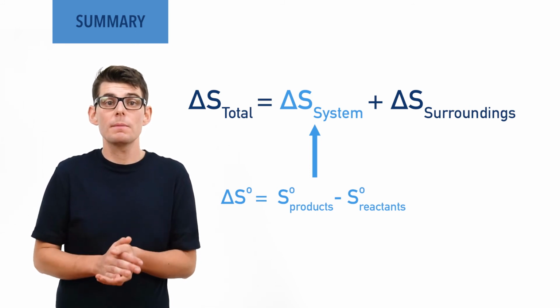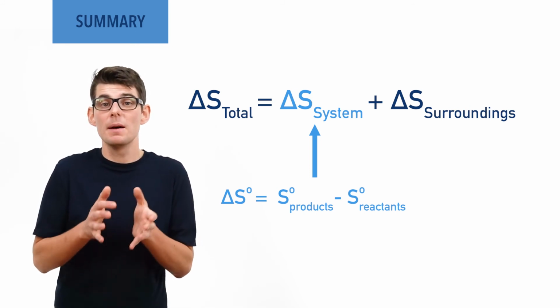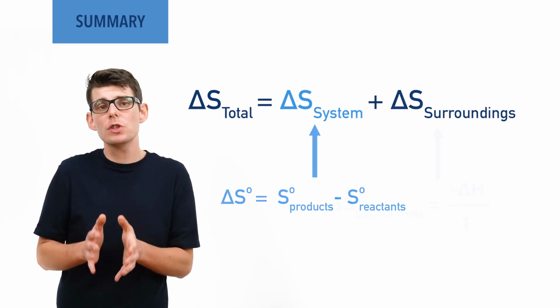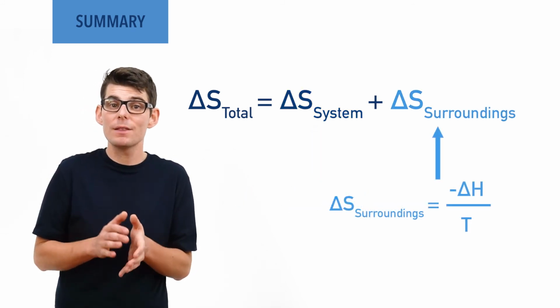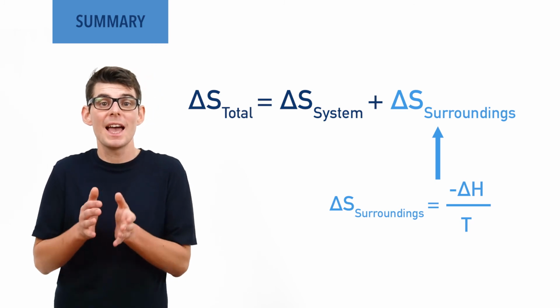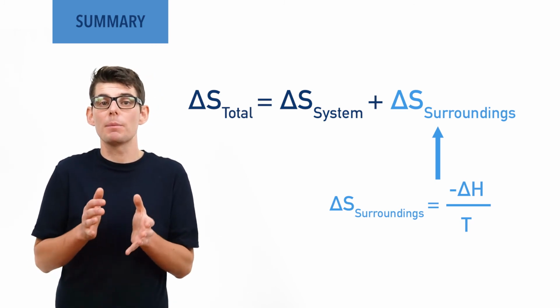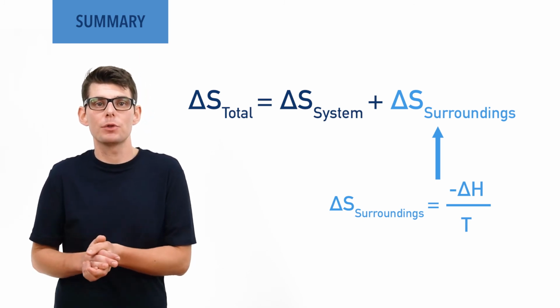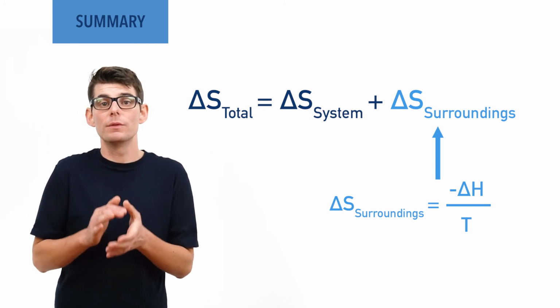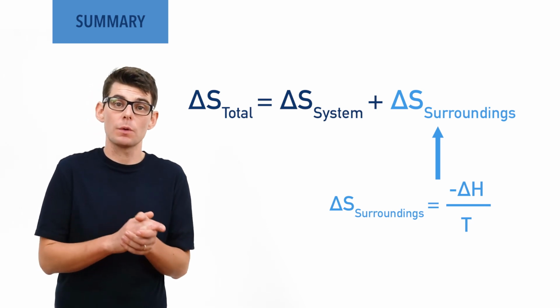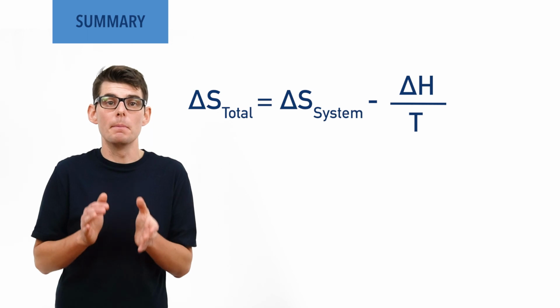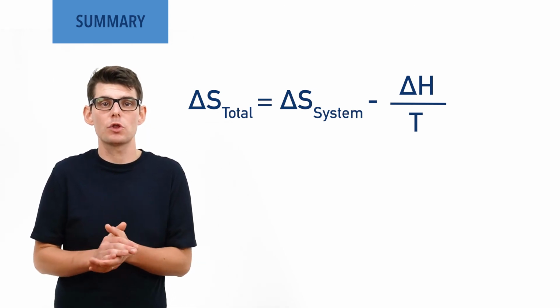Entropy change of system equals sum of entropies of products minus sum of entropies of reactants. The entropy change of the surroundings is based on the enthalpy change of the reaction and temperature. It can be represented as minus enthalpy change, delta H, divided by temperature, T. Using this and the total entropy change equation, total entropy change equals entropy change of system minus delta H divided by temperature.